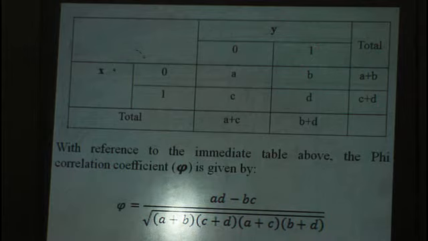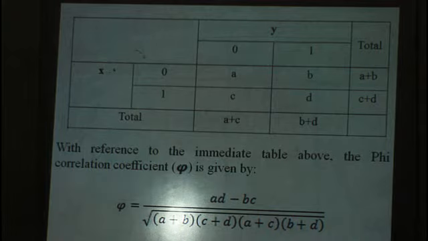Now let's say you take the number of those who fall within the x value 0 in correspondence to the y value 0, we have A. Then when you do the same for those who fall within 0 and those who fall within 1, you get B. The same thing applies to the second category.